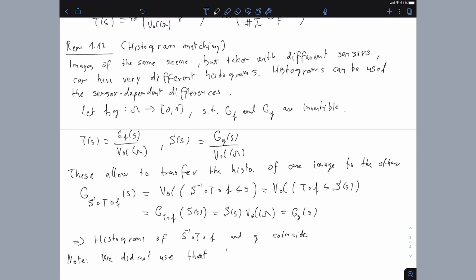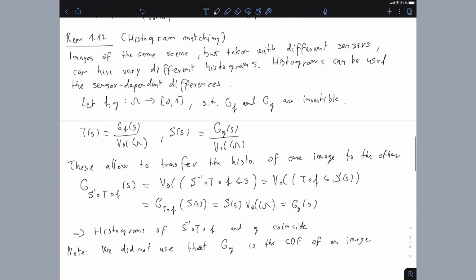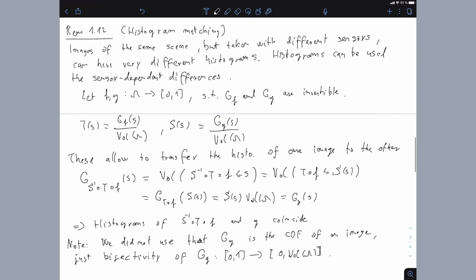We did not use that g is the CDF of an image, just its bijectivity from 0, 1 to 0, volume of g.